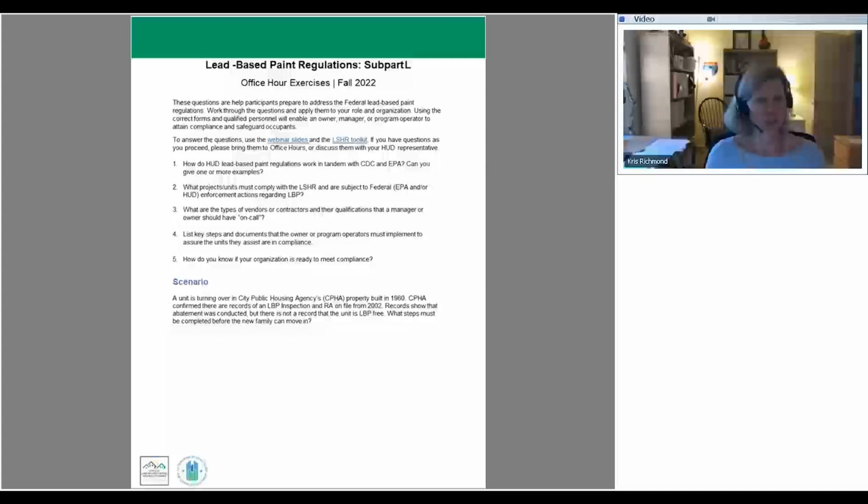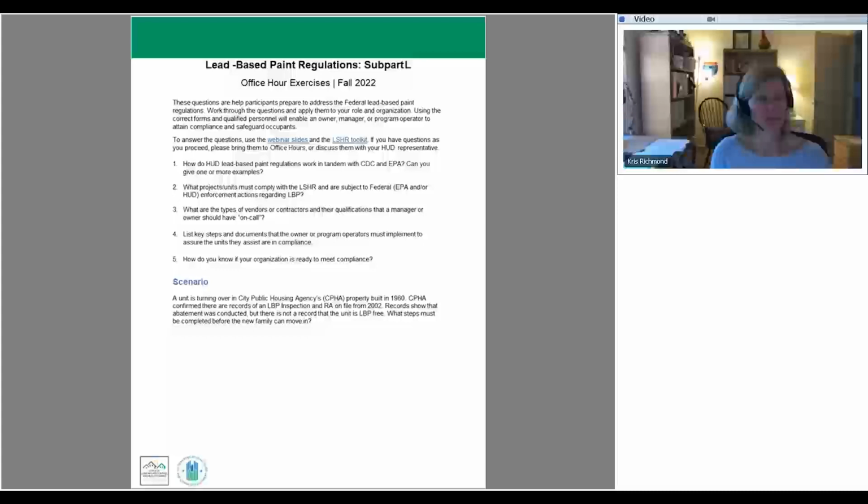Records show that abatement was conducted, but there's no record that the units are lead-free. So the type of abatement might have been some type of enclosure or encapsulation, so it wasn't removed from the units. The lead is still there, but it is safe. It's a lead safe unit. It's not lead free.